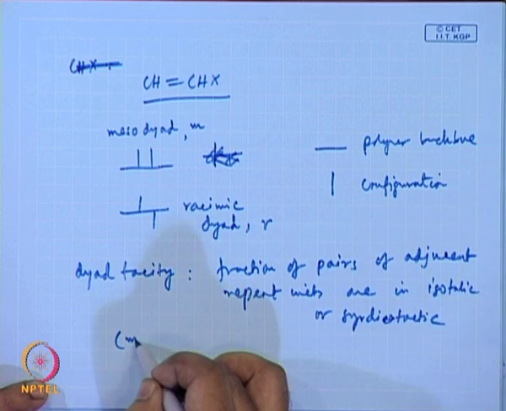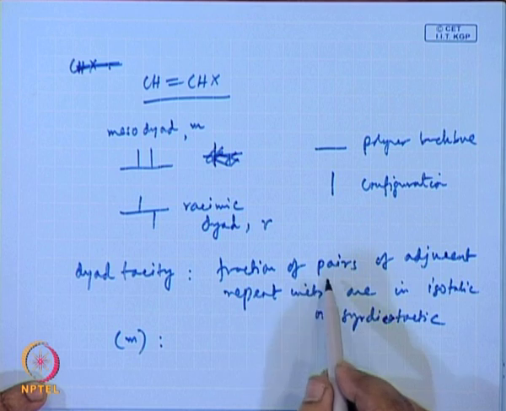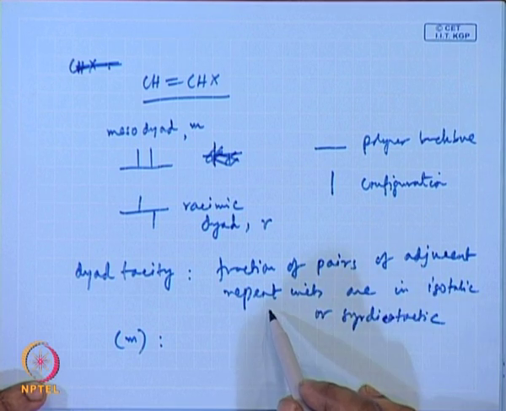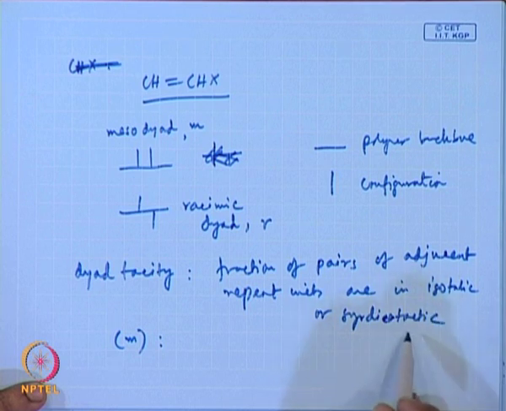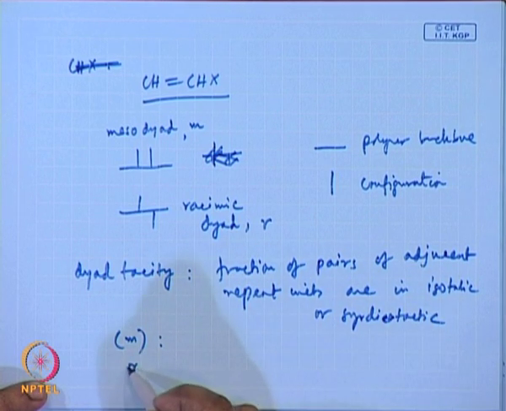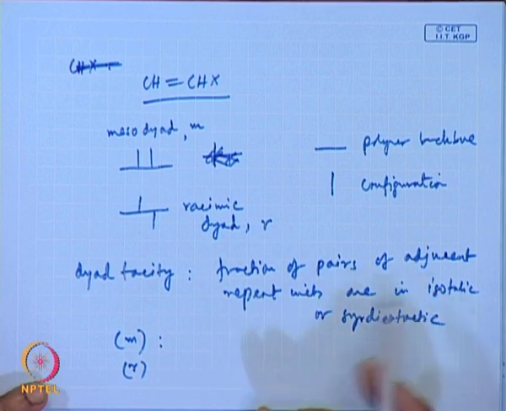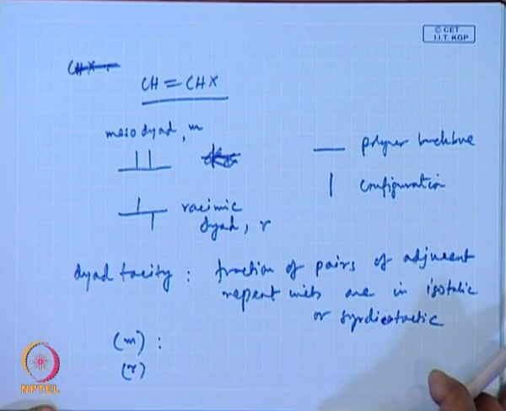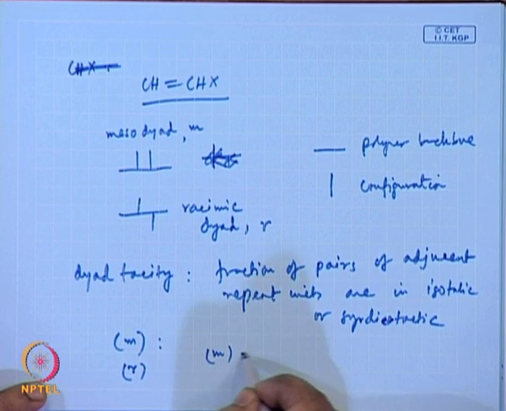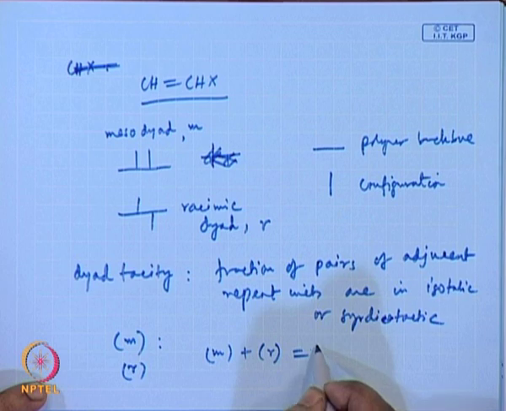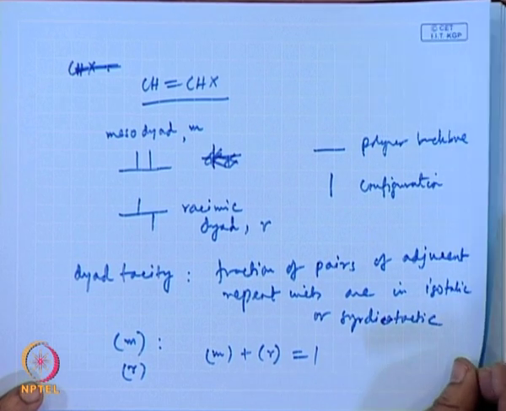So, if we write M, it is the fraction of pairs of adjacent repeat units that are present in an isotactic geometry, and R is the fraction of pairs of adjacent repeat units that are present in a syndiotactic geometry, and of course, M plus R would be equal to 1.